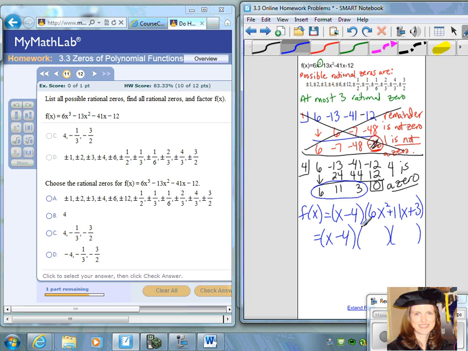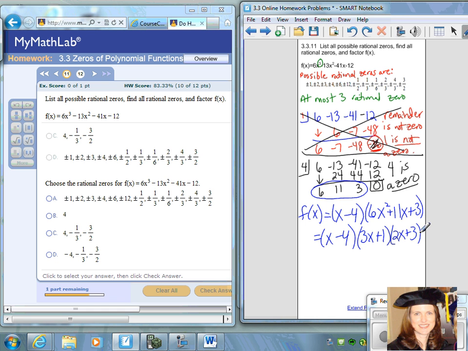That can be factored into 3x plus 1 and 2x plus 3. Sorry, that should be a plus, plus, plus. So we can double check that. 3x times 2x is 6x squared. The outer is 9x, the inner is 2x, and the last is 3. So here we have the three factors of the polynomial function.